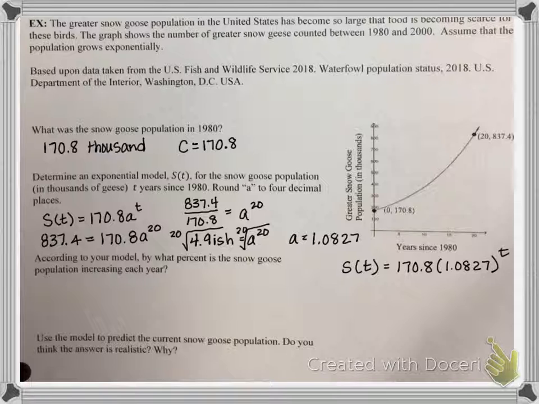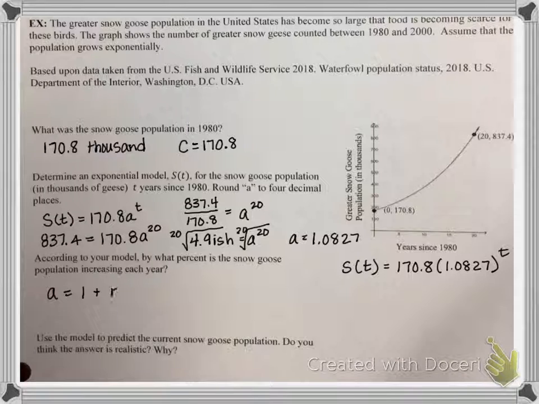What is the percent rate of growth over 1 year? Yeah, so as a decimal, it's 0.0827. As a percent, it's like 8.27, right? And we got that because we know that A is equal to 1 plus R. Good.